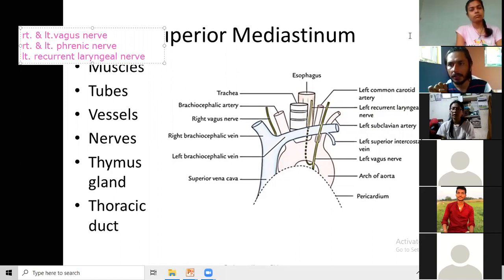3 F. In condition of fight, while you are fighting, in condition of fright, when you are frightened, and the next one is flight, when you are at high altitude. In that condition, there is the effect of sympathetic nervous system.